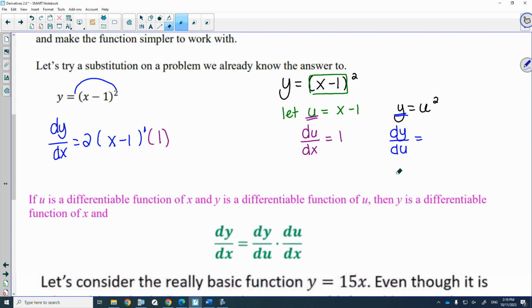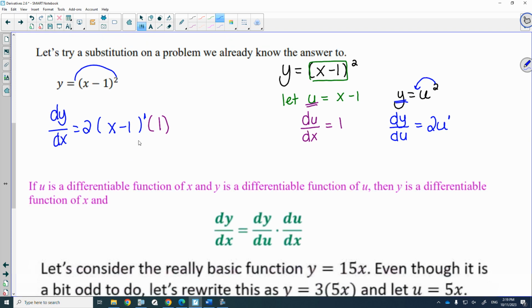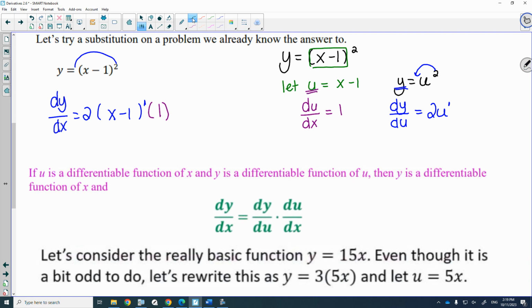The derivative of this function would be 2u to the power of 1. Then the overall derivative, dy dx, is equal to, we're going to multiply these two derivatives together.